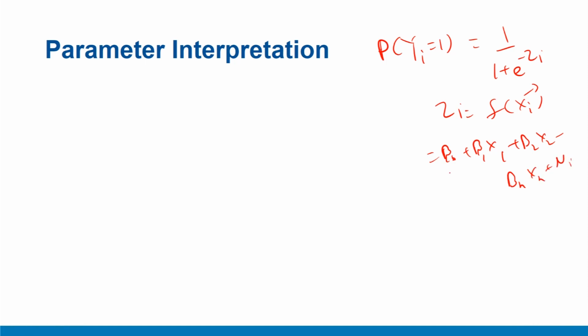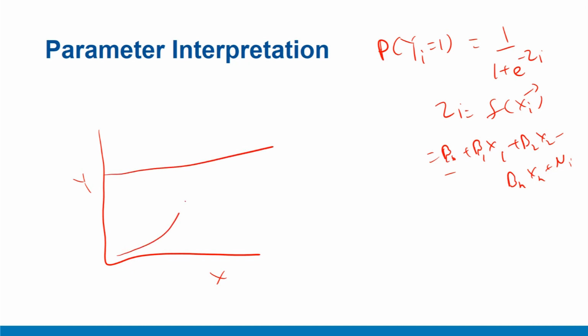So recall, this is the form of function which was non-linear in nature and its behavior on the x-y axis is captured like this. Like an S-curve where the limiting cases are 1 and 0. On the left side the limiting case is 0 and on the right side the limiting case is 1.